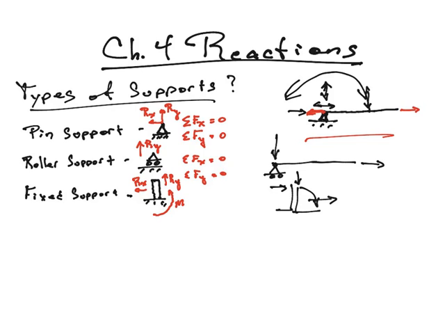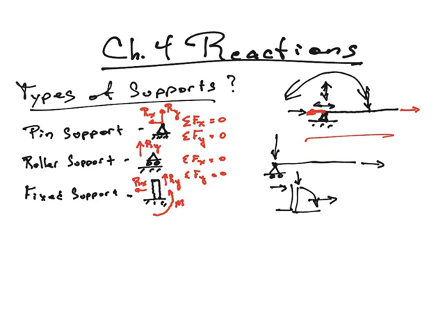Number 1, the parallel direction. In this case, that's the X direction. If I try to push to the right, the support will pull back to the left, preventing the rod from moving. There's a vertical reaction. If I try to push down on this rod into the ground, it pushes back up, stopping the rod from moving vertically. So there's a Y reaction. And then if I apply a force to try to rotate this rod, the ground pushes back, preventing the rotation.